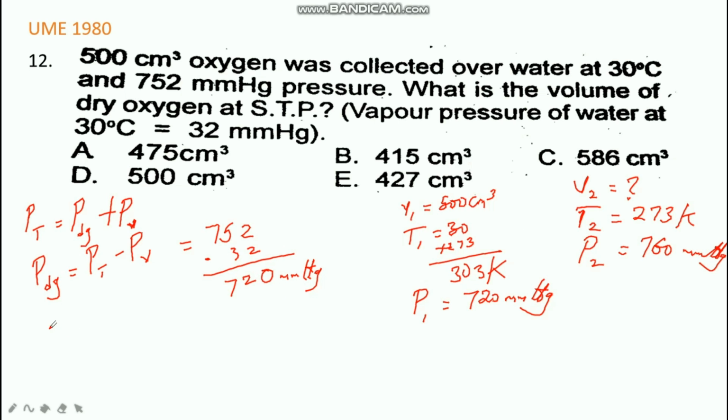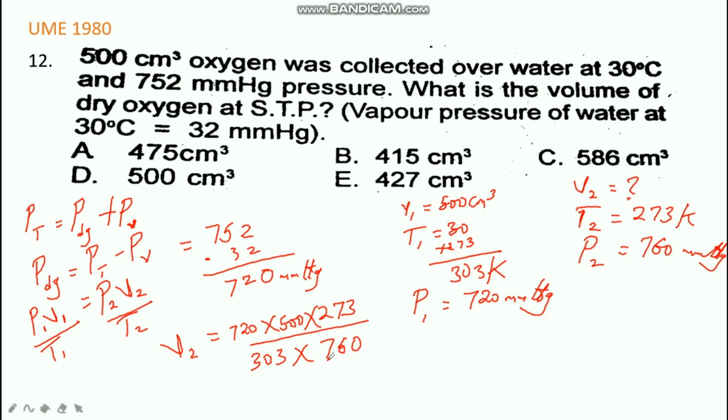Now we use the general gas equation, P sub 1 V sub 1 over T sub 1 equal to P sub 2 V sub 2 over T sub 2. So P sub 2 is 760.